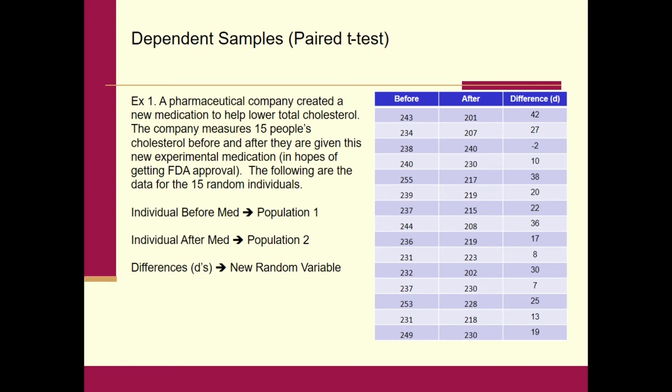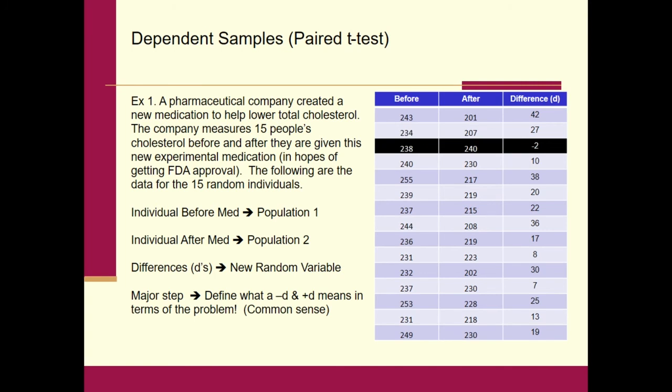So remember, the D's are the new random variable. And please do not skip this step. This step right here explains a lot of what we put into the alternative hypothesis. I'll explain a little later, but remember when I told you to define what a negative D and a positive D means? Well, let's do that.